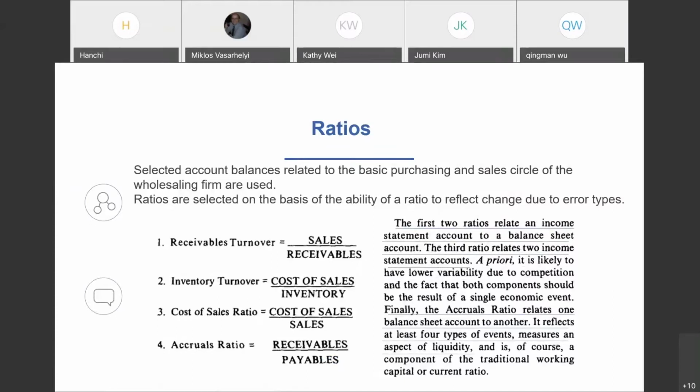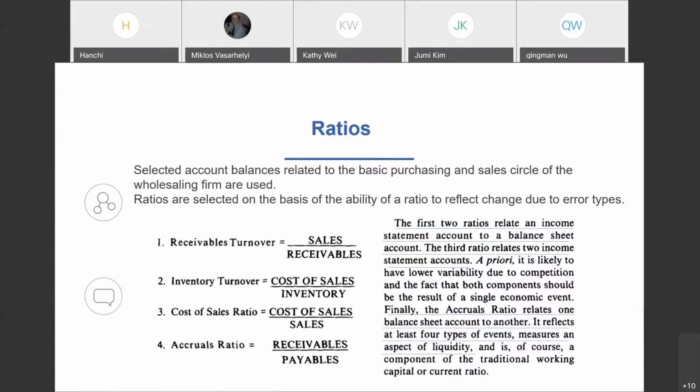Okay, now we go to the most important part, which is the ratios. Here in this paper, we select account balances related to the basic purchasing and sales cycle of the wholesaling firm.